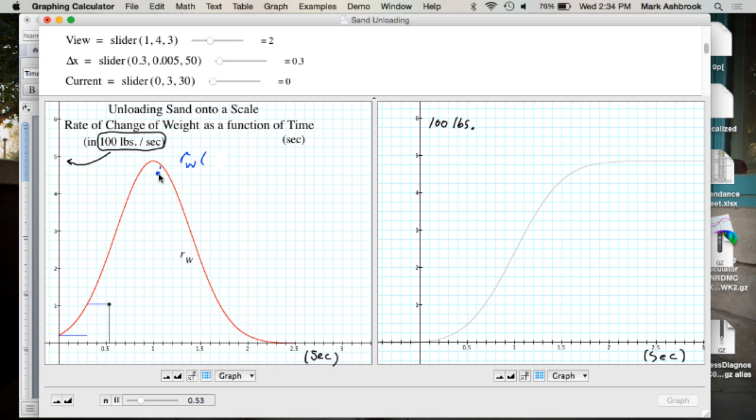So this fourth rate up here is going to be equivalent to the actual rate at the left side, which would be R sub W of 0.9, and that becomes our R for the fourth interval. Does that make sense?